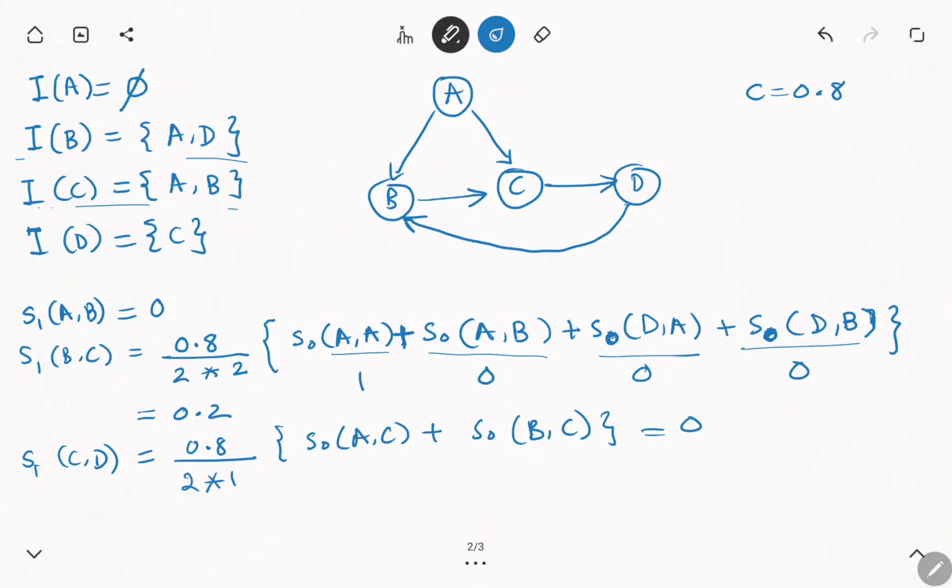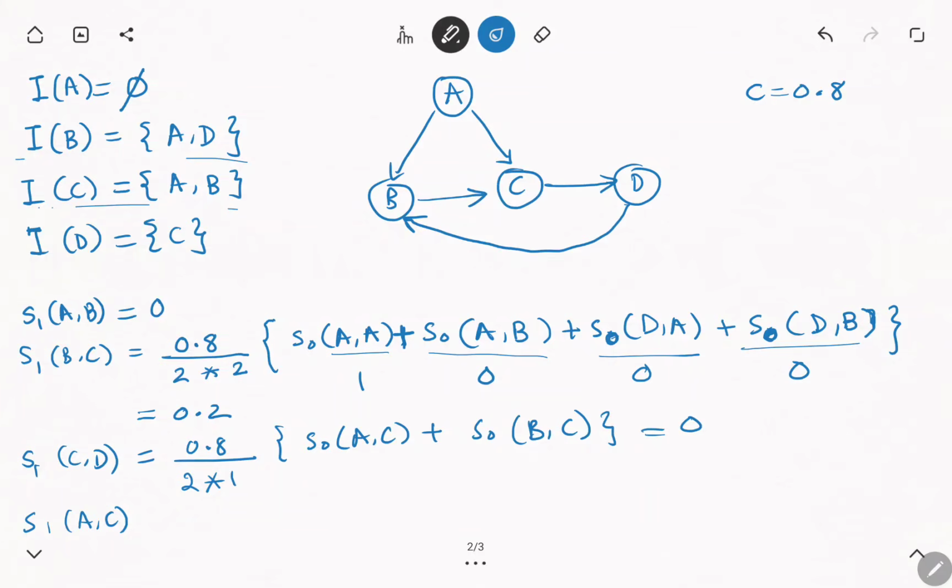Then for S1, okay, so we have covered this direct connection AB. Okay, let's cover the connection AC as well. We covered AB, we covered BC, we covered CD.